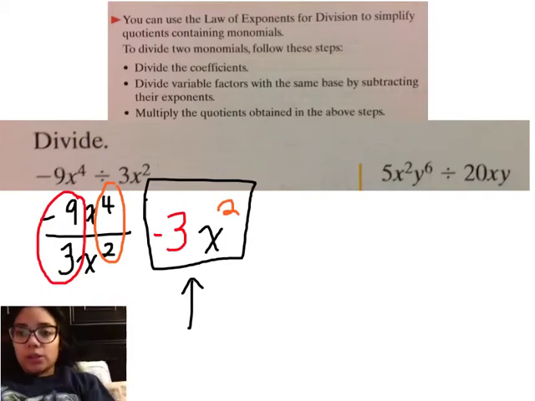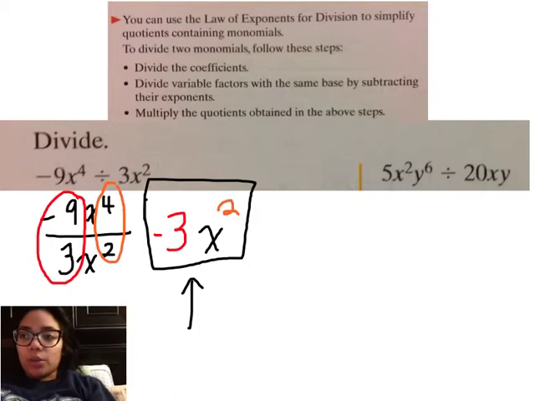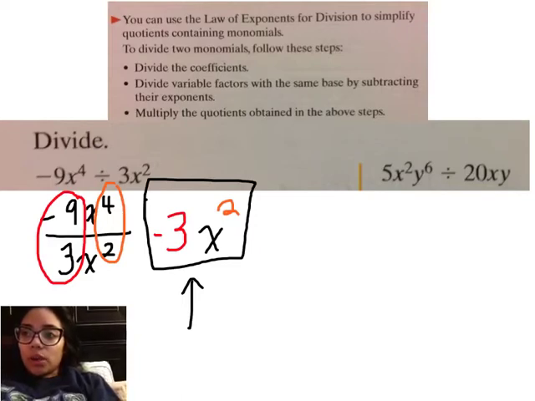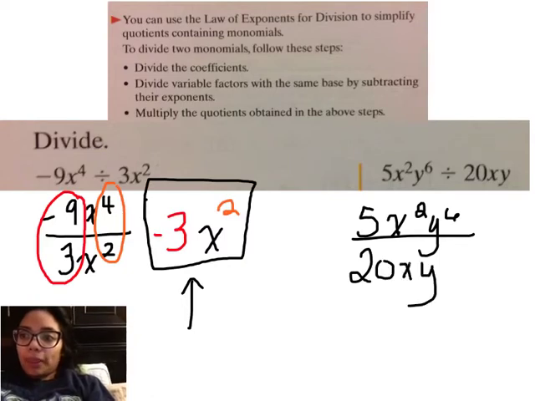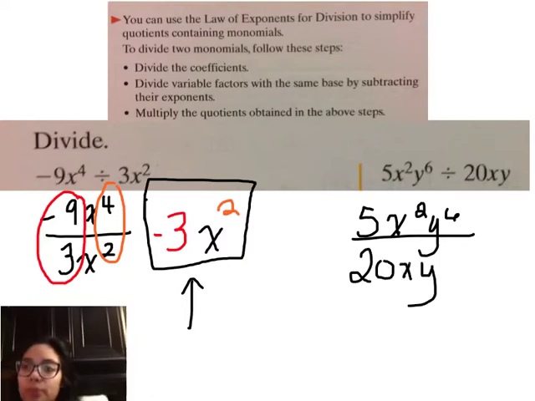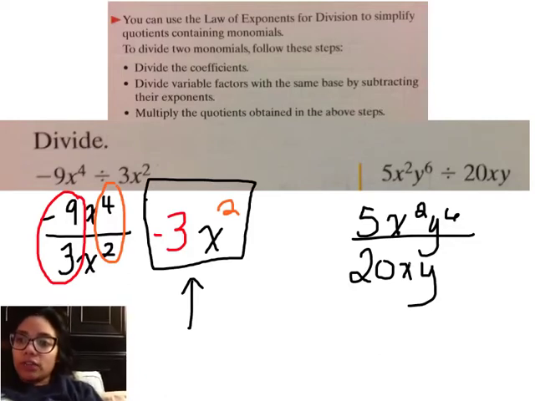If you think you know how to do it, pause this video and try it on your own. If not, we'll go on to the next one. It says 5x squared y to the 6 divided by 20xy. Well, 5x squared y to the 6 goes on top, divided by 20xy. So now I do 5 divided by 20.